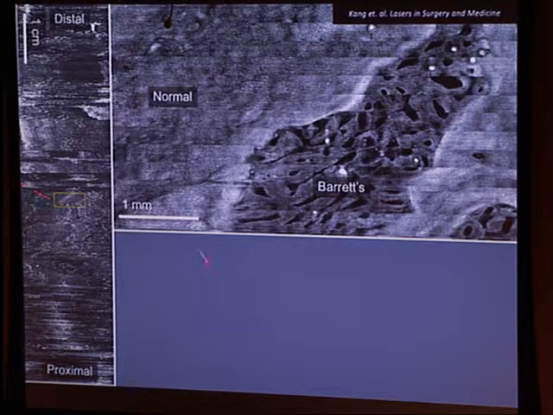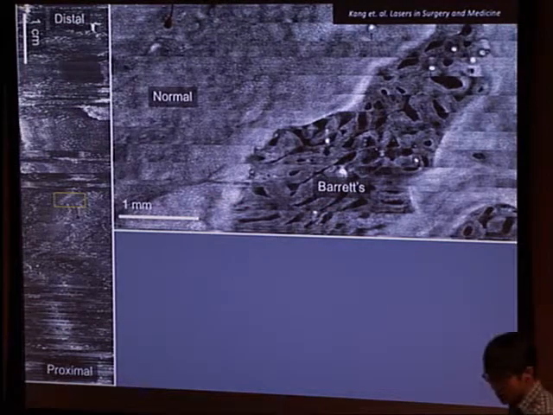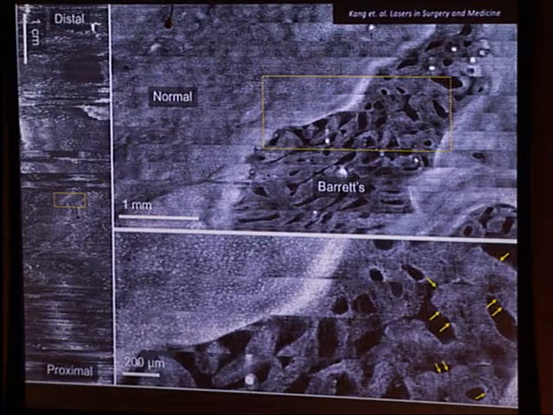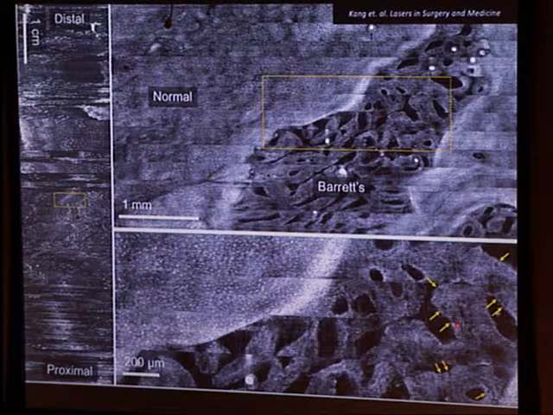So when you zoom into a particular area, for instance, you can see this Barrett's esophagus sneaking in between the normal esophagus in the tissue. And if you zoom in even more, you get to see this Christmas tree, light bulb kind of thing going on here, which are normal cell nuclei. And on the right side, you start to see these dark cells on the surface of the epithelium, which are called goblet cells.